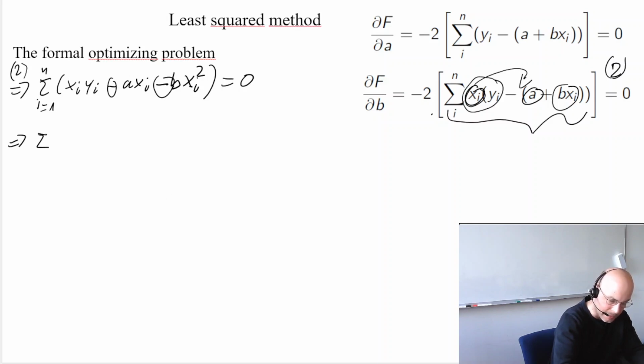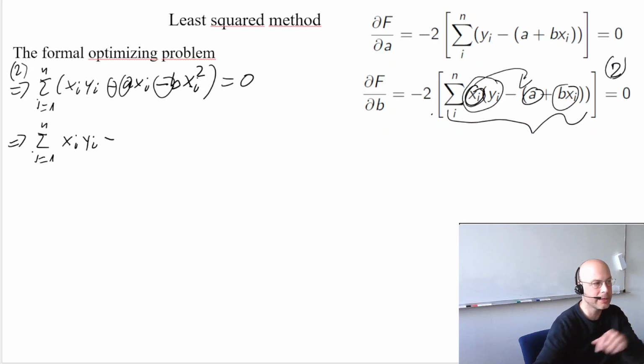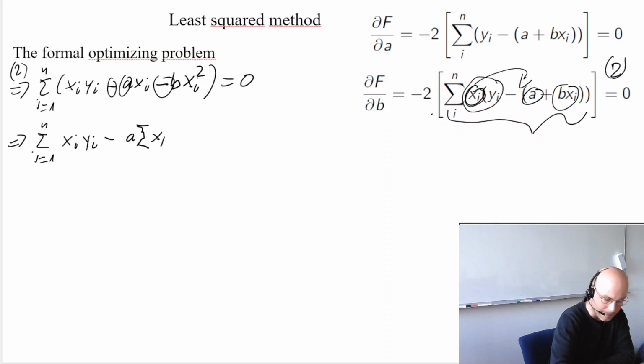So we obtain the sum, i up to n, of xi yi minus, this is a constant, this can be put in front of our summation sign, a times xi and minus, this is also a constant for our summation, so b times xi squared, up to n.